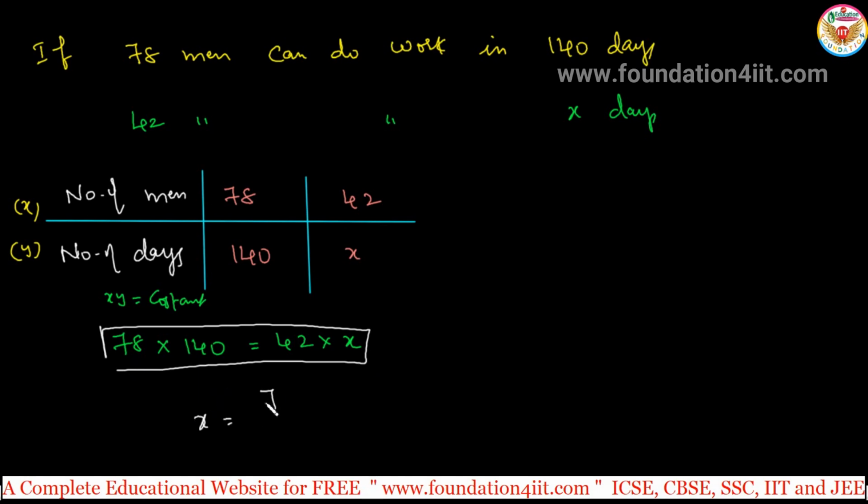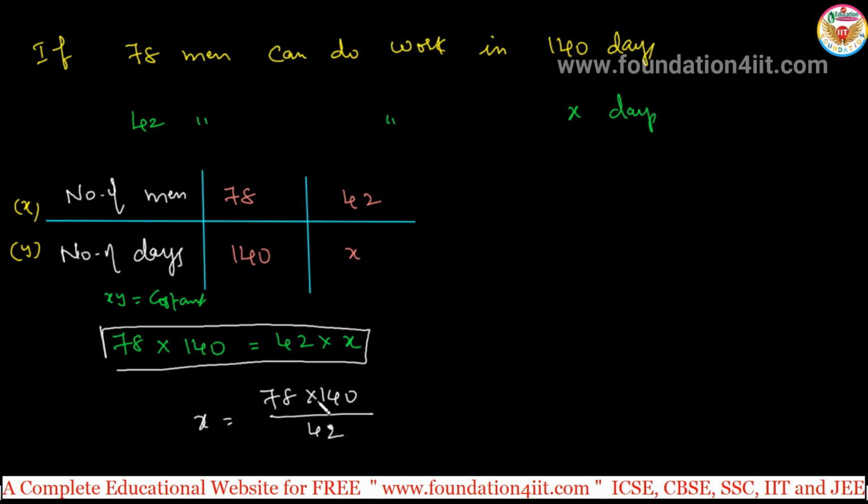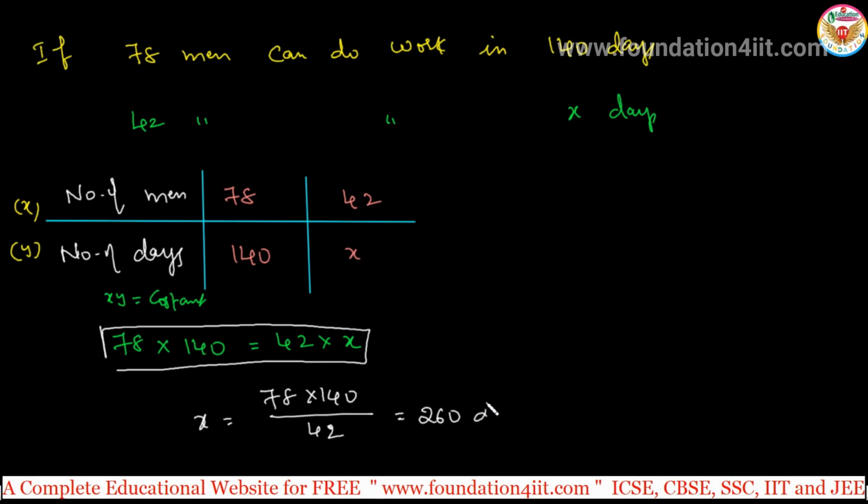Then x is equal to 78 into 140 by 42. 42 is multiplying, so take it to this side and divide. If you simplify, you'll get 260. So 42 men can do the work in 260 days.